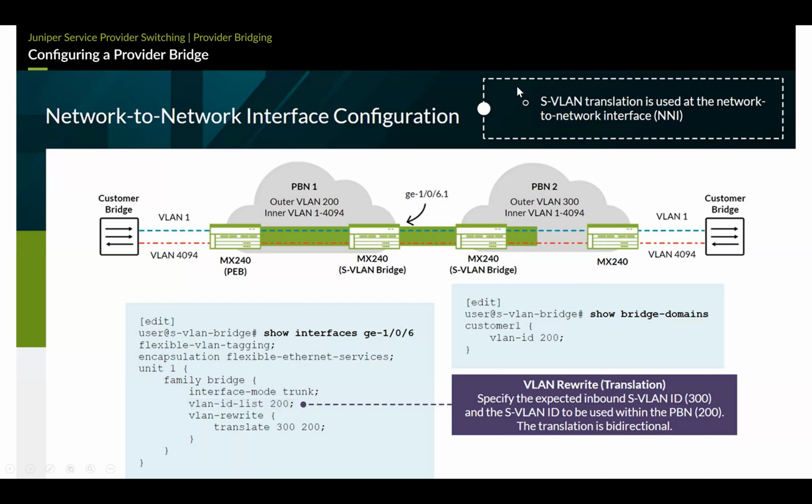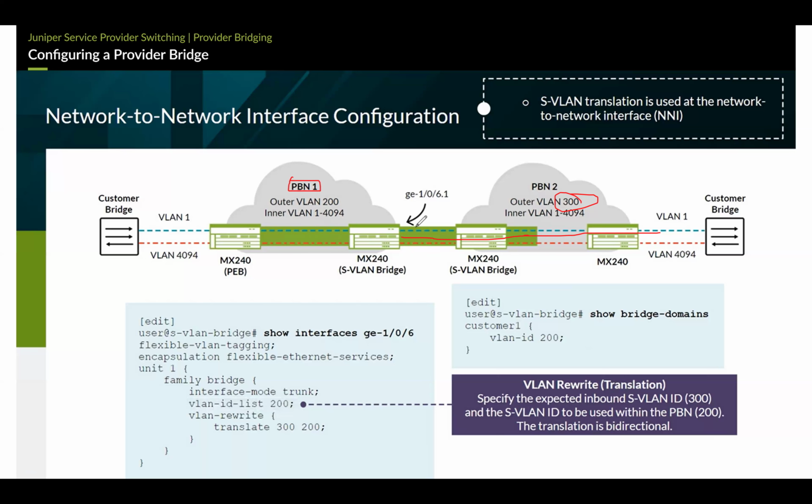Consider here the VLAN ID. First, we get outer VLAN ID 300, and 300 is coming here as an inner VLAN, but here in PBN1 there is no VLAN ID 300.